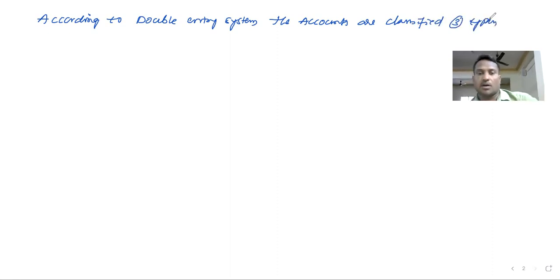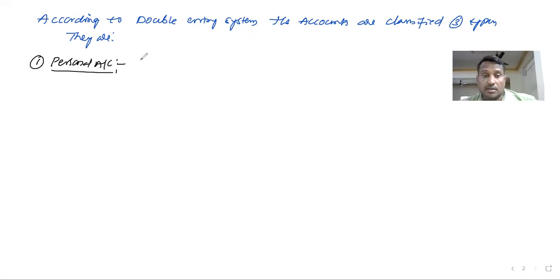The first one is called personal account. According to the double entry system, the total accounts are classified into three types. Of these, the first one is the personal account.